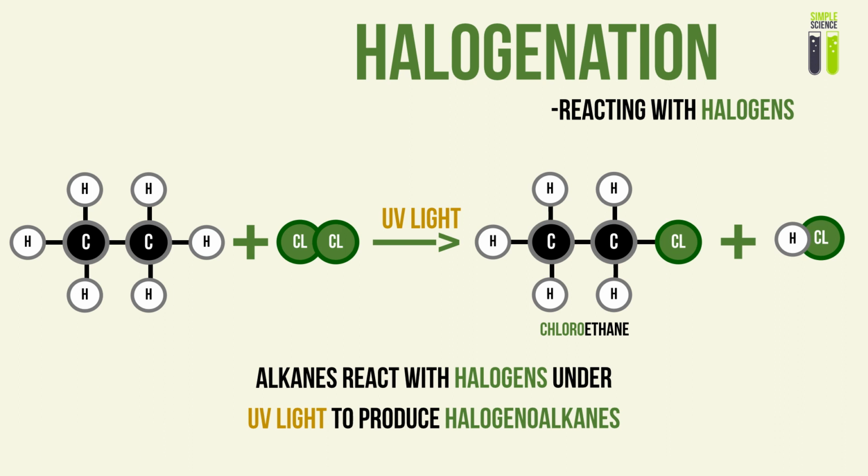But you won't have to remember that for the IGCSE syllabus. So just know that you need UV light to initiate this reaction. UV light is a condition for this reaction to take place. Again, alkanes will react with halogens, or group 7 molecules, under UV light to produce halogenoalkanes. The halogens that generally react with alkanes are chlorine and bromine. Those two are the most common in reactions.